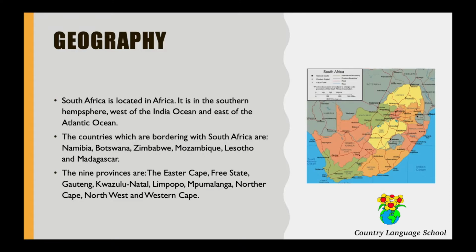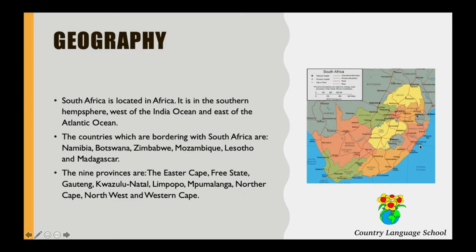Both countries are ruled by kings, and the people who live in these countries are very poor. South Africa also shares a border with Namibia, Botswana, and Zimbabwe in the north, and Mozambique in the east.